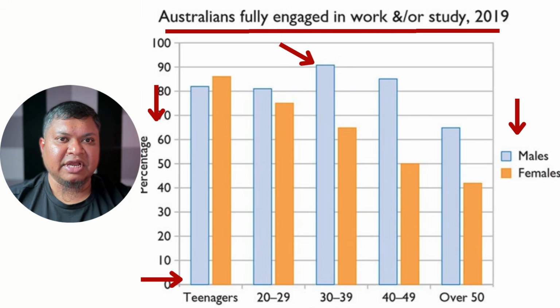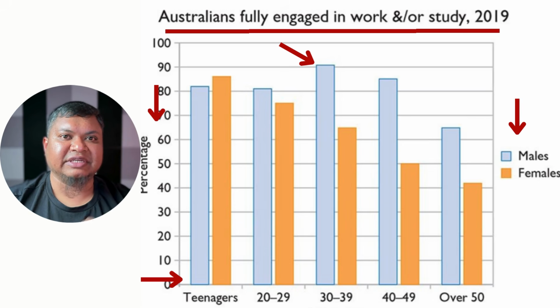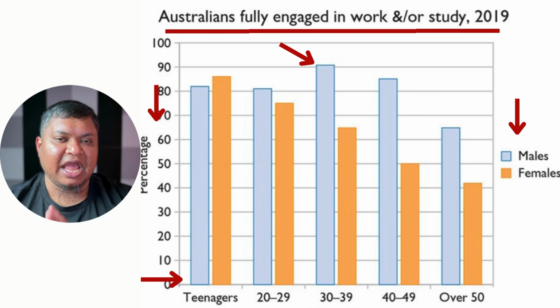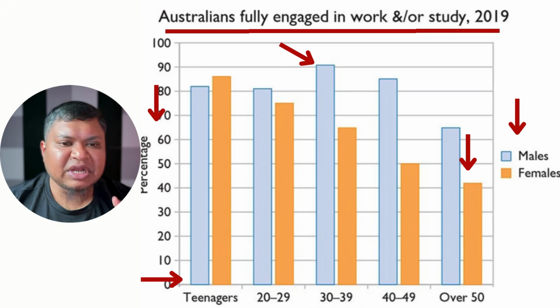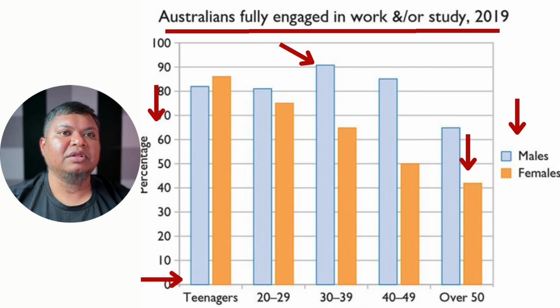So 30 to 39 age group for male, which is just above 90%. And then I will look at the lowest number, and that is over the age of 50 and for female and just above 40%.